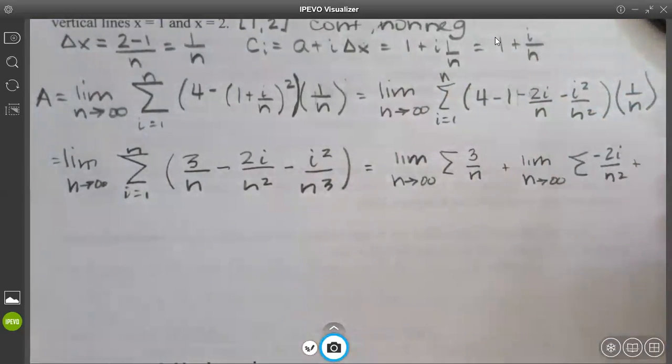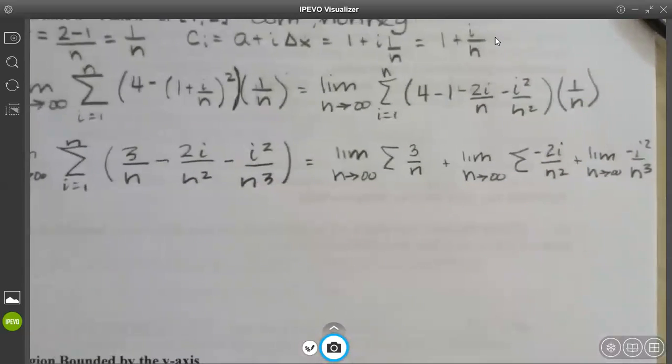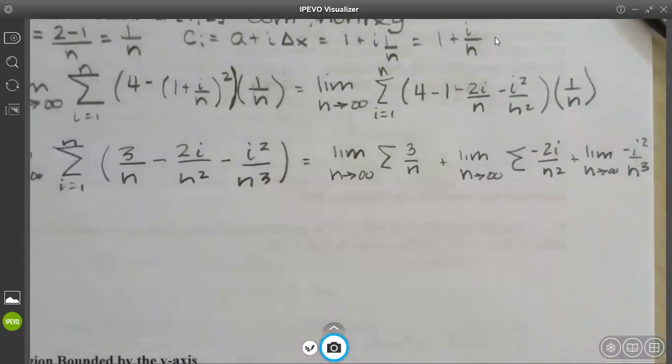And you can make those minuses and make that a plus, that's fine. The limit of negative i squared over n cubed. So all separately.